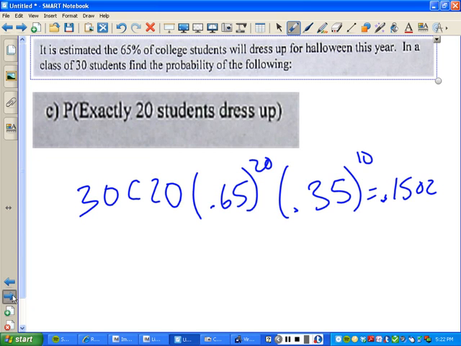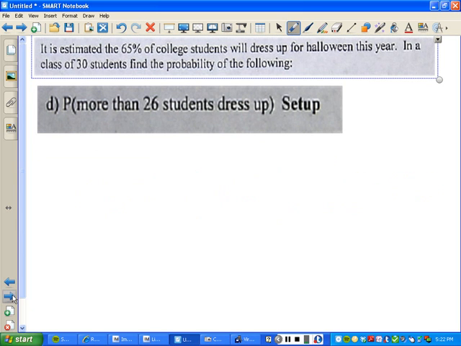All right. Now, here's, I think, one of the hardest ones. More than 26. And what does that mean? 27 through 30. Not 26. Why? More than 26 means over 26.